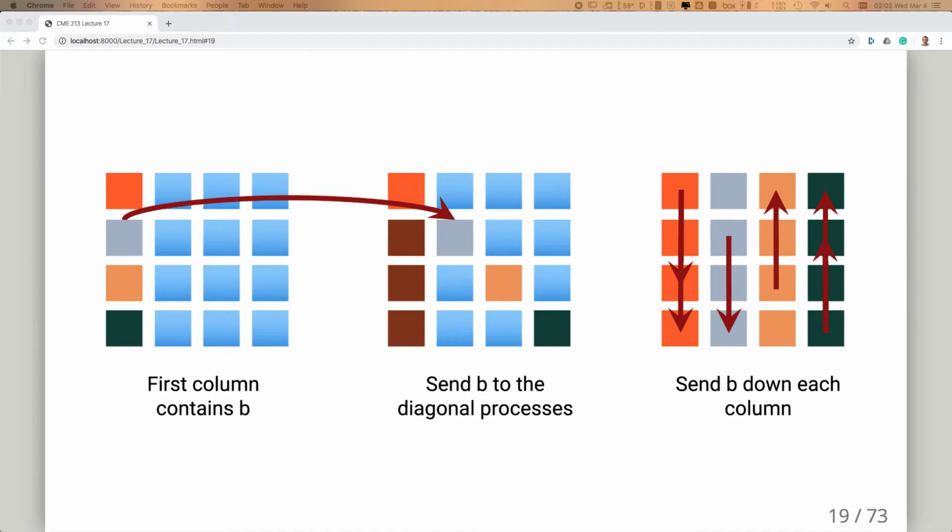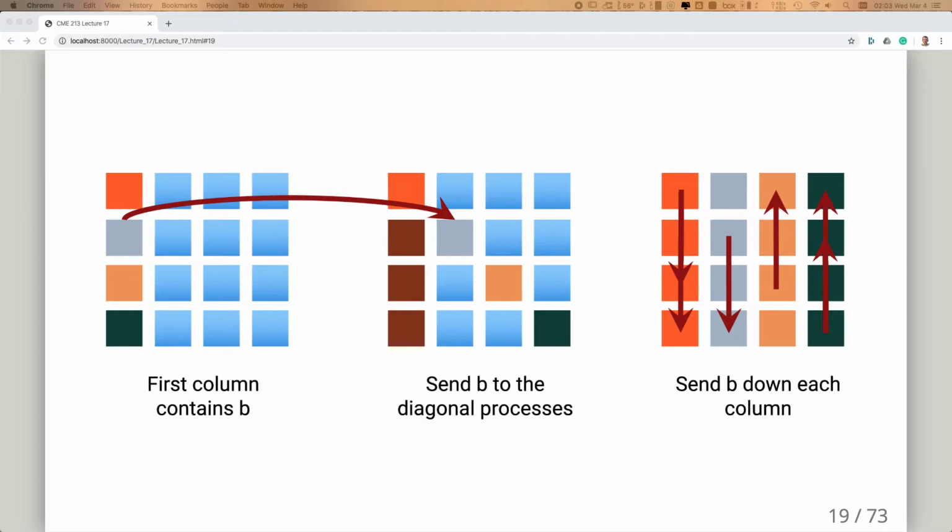What you could do in MPI is say mpirun -N8 and then your program. Let's say the program is called just A.